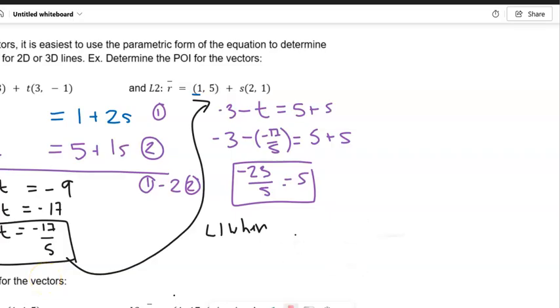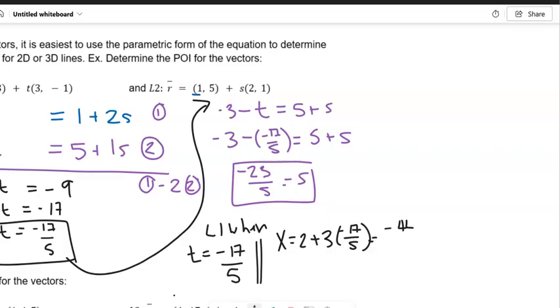Okay, so line 1 is happening when t equals -17 over 5. So x starts at 2, plus 3 moving -17 over 5. I'm going to put that in my calculator.